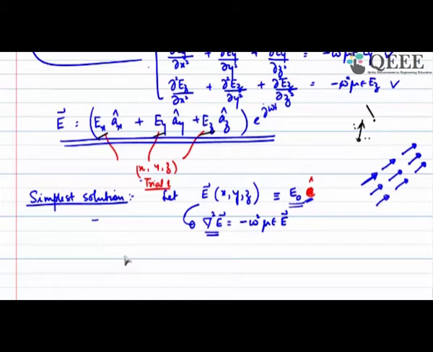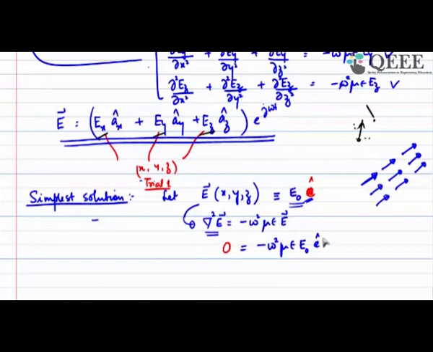There is no del by del x, del by del y, or del by del z, so there is no second derivative. My left hand side is 0 and the right hand side is minus omega square mu epsilon times E, which I have assumed is E naught in the e cap direction.